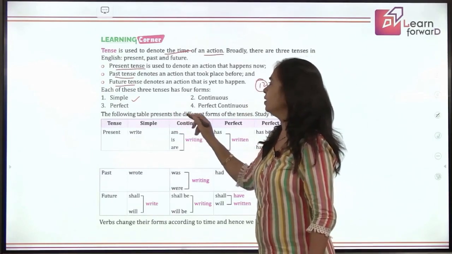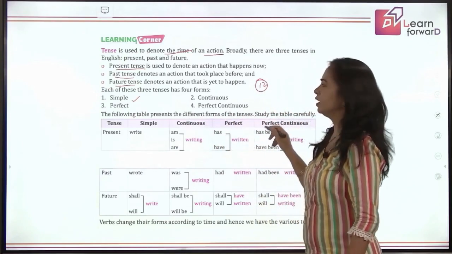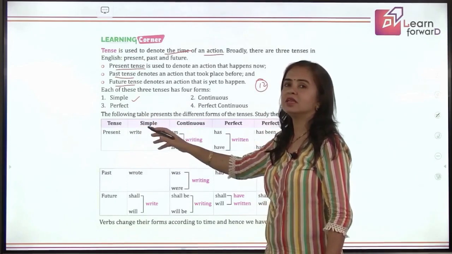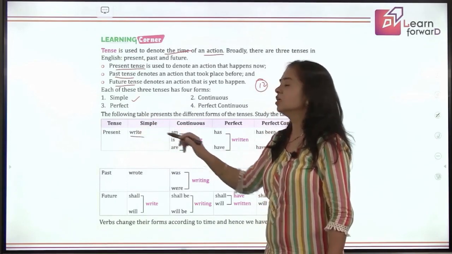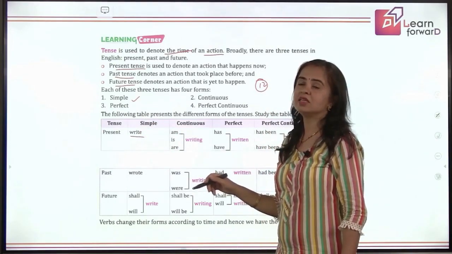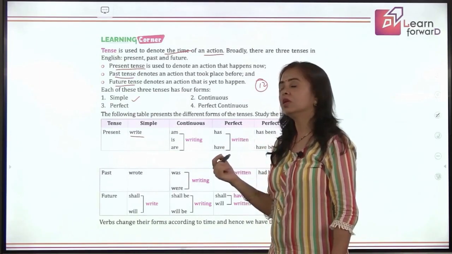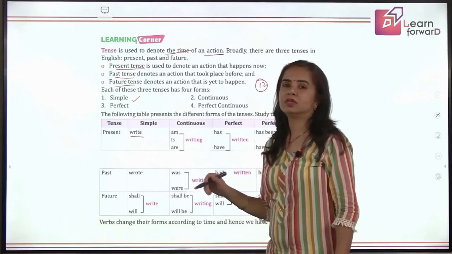The following table represents the different forms of tenses here. This is present tense. How do you write the sentence in simple? This is just the first form of verb as it is. But if your subject is singular, third person, then you add s to it, right?